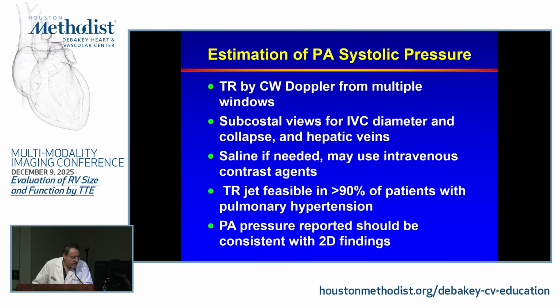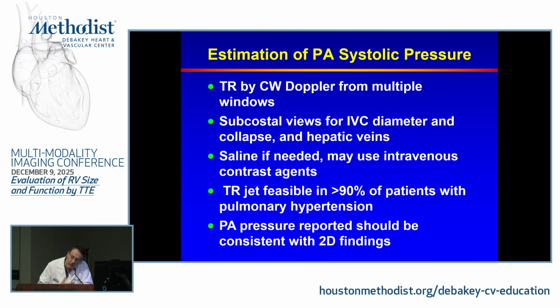We want to estimate RA pressure, and therefore we look at the inferior vena cava diameter in the subcostal views. We look at its behavior with spontaneous respiration and with sniffing, and we look at the size of the hepatic veins and hepatic vein flow. If this is a case that is referred because it says pulmonary hypertension, unless otherwise asked not to, we want to use agitated saline.